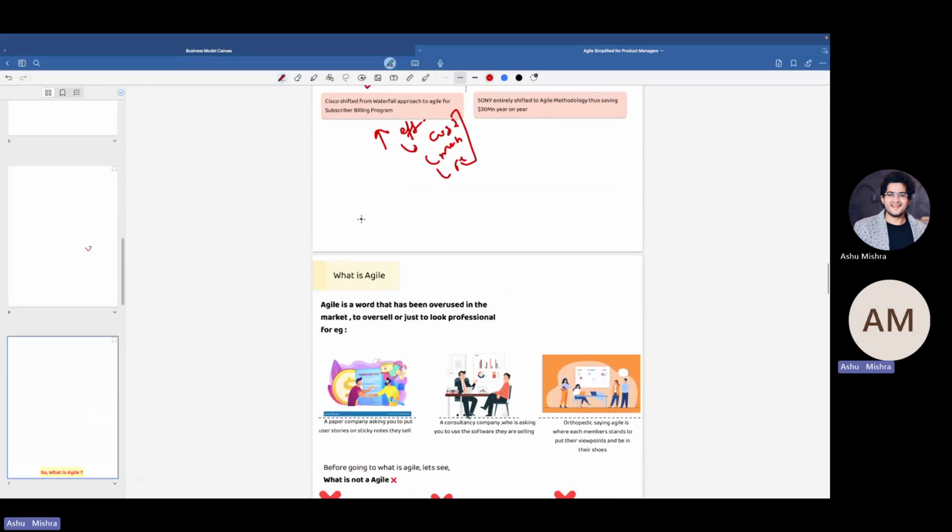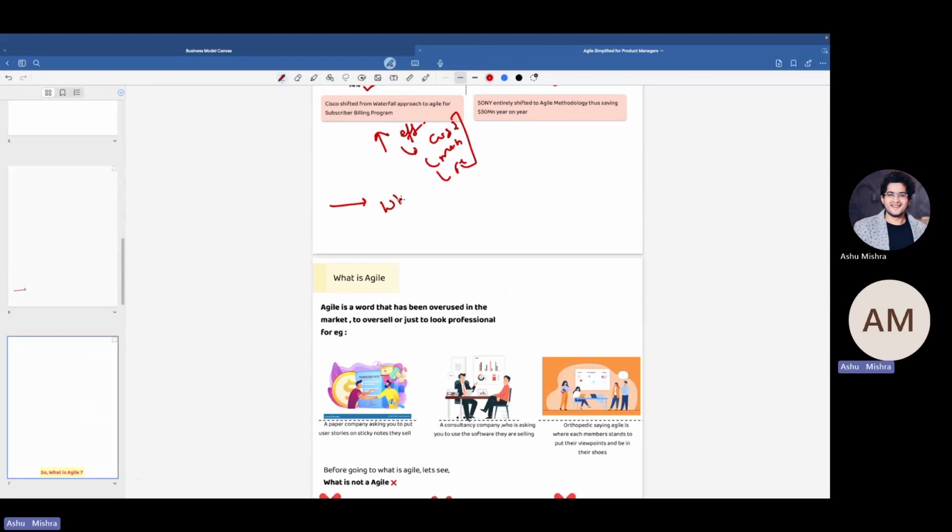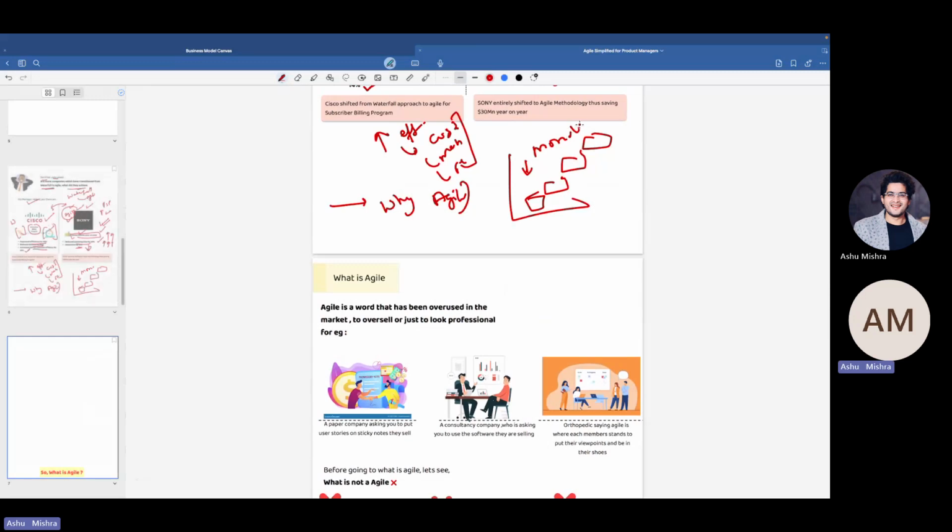So, guys, till now we have discussed why agile, right? There was a waterfall technique, which is a non-iterative method. There was the repercussion of downtime. Then this was a monolith kind of architecture, right, which was very risky in terms of iteration, etc. However, agile came in.